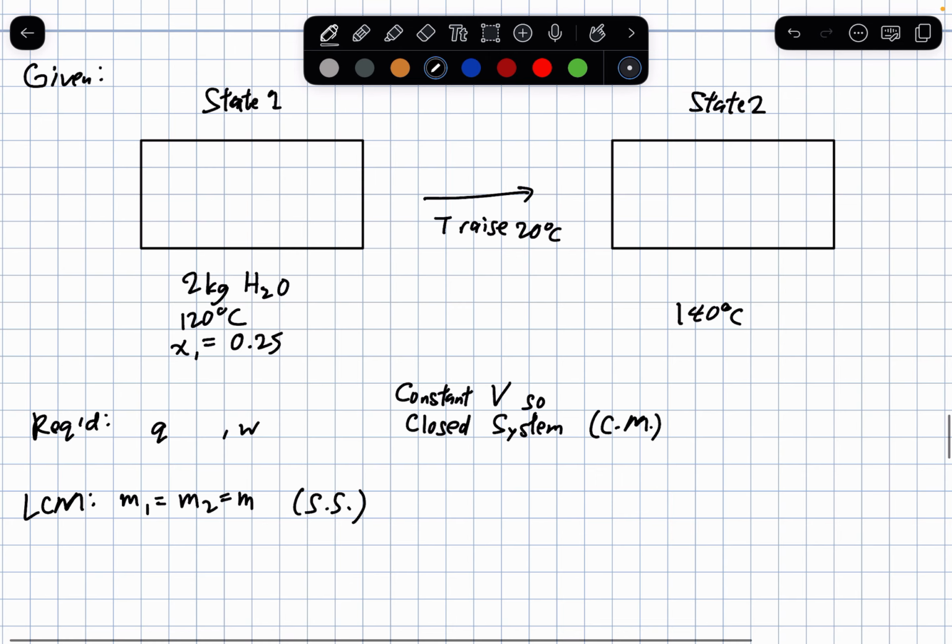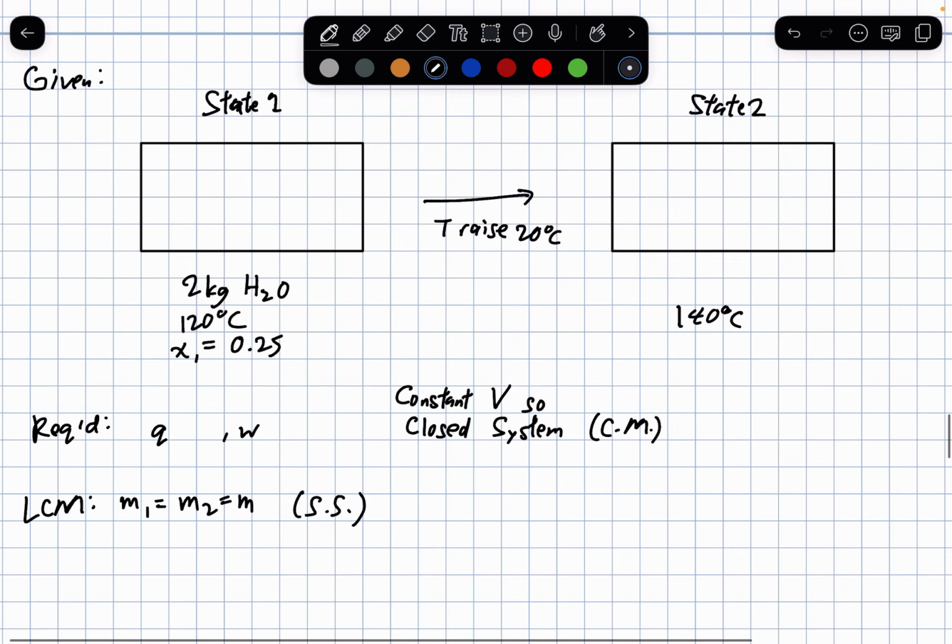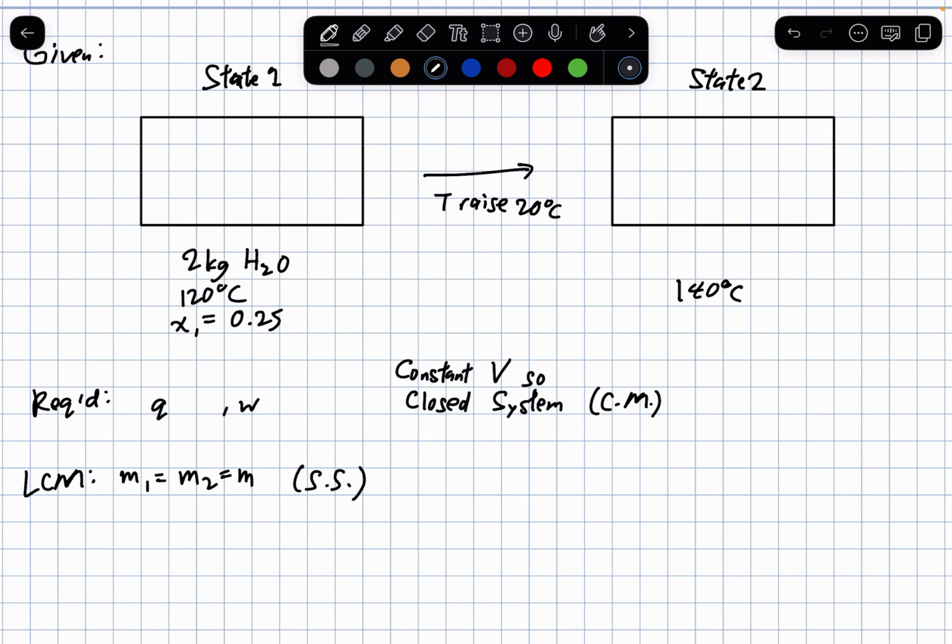So there is no mention of accumulation. Therefore, we can say that our scenario right now is steady state. No? Other assumptions, aside from steady state, kinetic energy and potential energy are negligible.